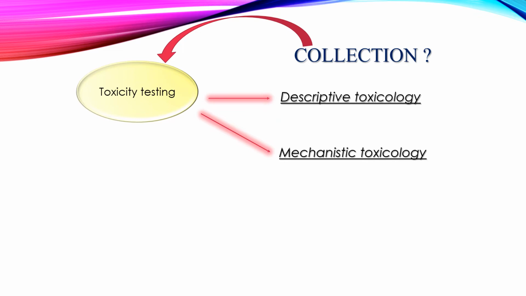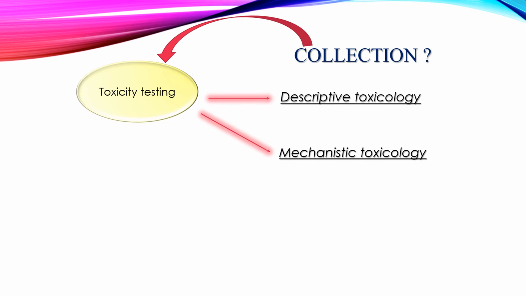Descriptive toxicology deals with the toxicity of chemicals. It focuses on the toxicity of chemicals or agents, usually tested on animals and correlated with human toxicity. It provides dose response information upon exposure to harmful toxic agents, and it involves a toxicity assessment of four steps.